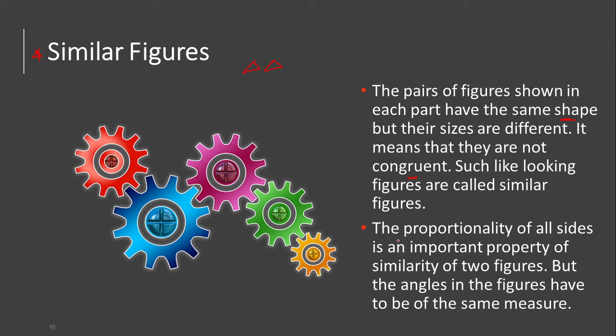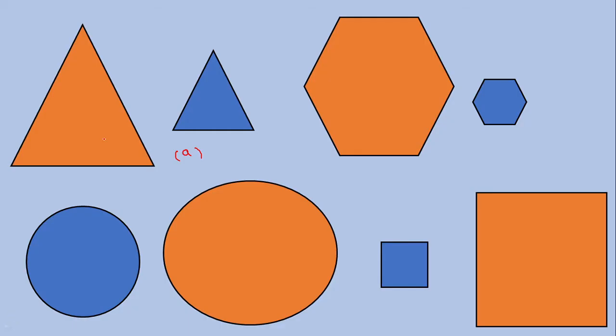Then the proportionality of all sides is an important property of the similarity of the two figures. Children, let's talk about a triangle, as we are dealing with the triangle chapter. Suppose you name this triangle ABC and you name this triangle PQR.